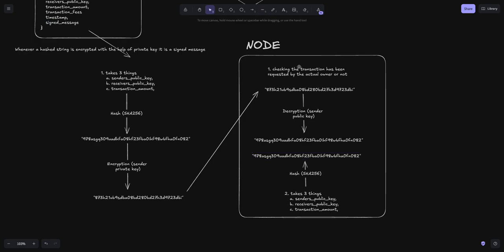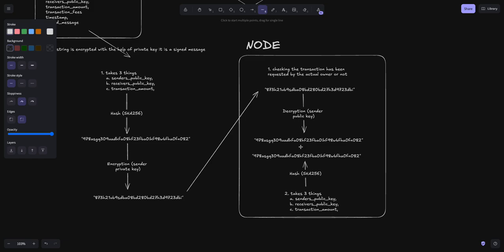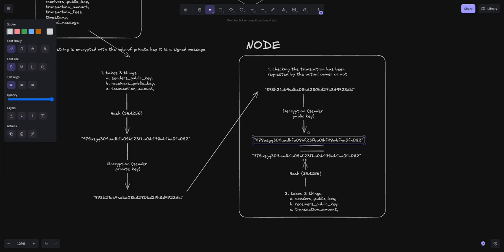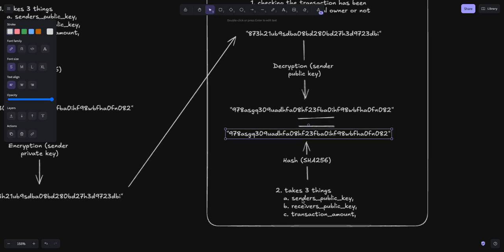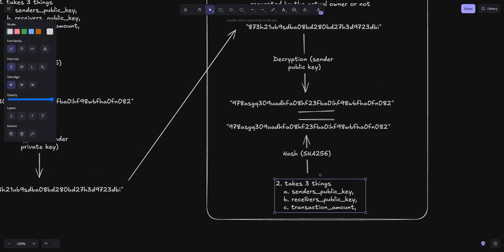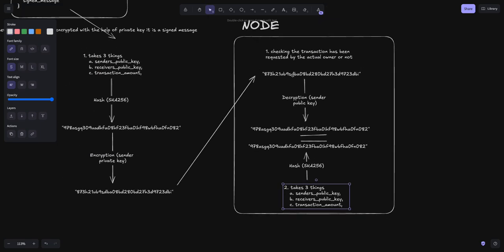Then what will happen? They will compare it, equate both of this data. If this data is equal to this data, that means the sender is the actual one who did sign this message. Why? Because with the help of the sender's public key, we decrypted and got a hash.